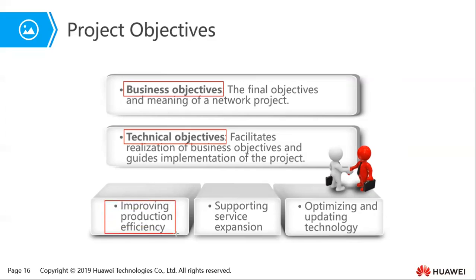Some of the objectives are to improve the production efficiency, support service expansion. You want to open another campus or other labs within the university. You also want to optimize and update your technology. So these, among others, are some of the project objectives for a business.